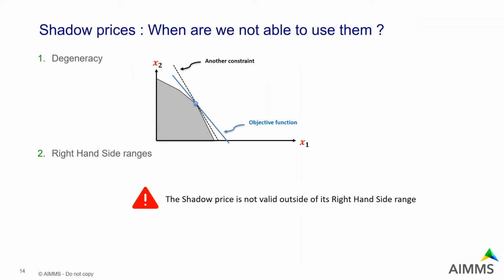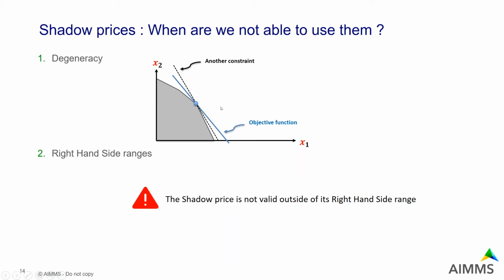But the shadow price has mainly two limits that we must be aware of, even if they can be handled in AIMMS. The first is degeneracy. Degeneracy happens when your optimal solution is bounded by three constraints in a two-dimensional problem, which means that your optimal solution is somehow overbounded.